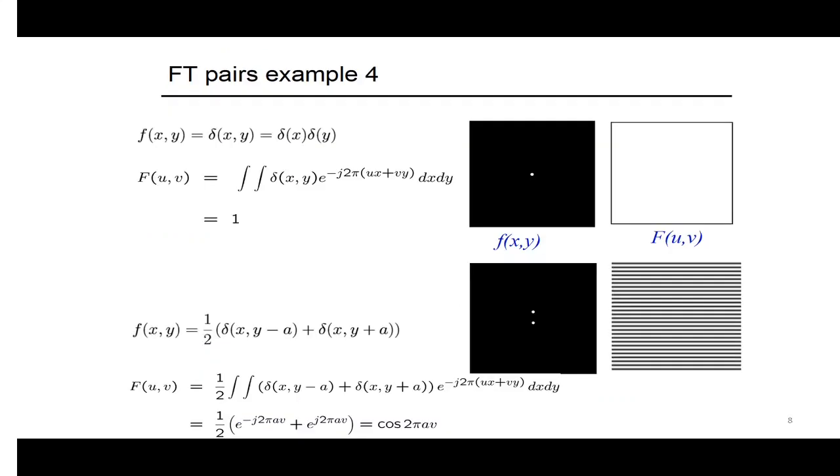Another example: you have now a delta function, delta of x comma y, and you would be getting 1. Now consider a pair of impulses at plus a and minus a. Then what you would be getting there is a cosine function.